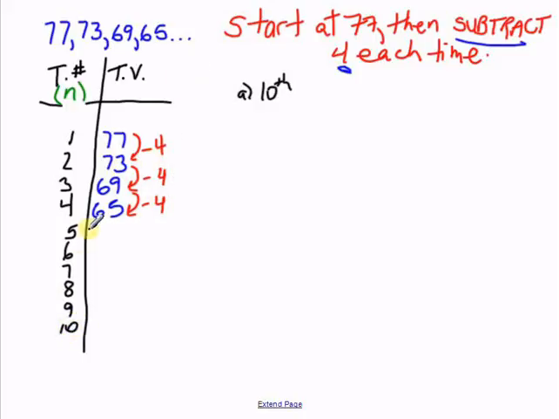Now when we're subtracting, I have to be careful that I'm subtracting correctly, so I'm going to just keep going down by 4. So we have 61 next. 4 less than that should be 57. Keep going, 53. 49. 45.